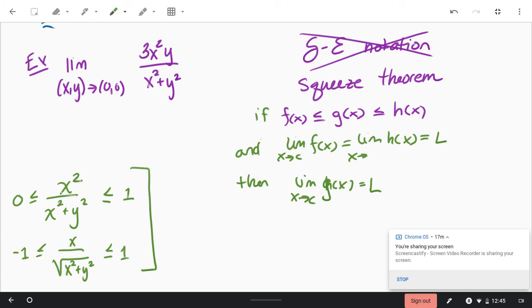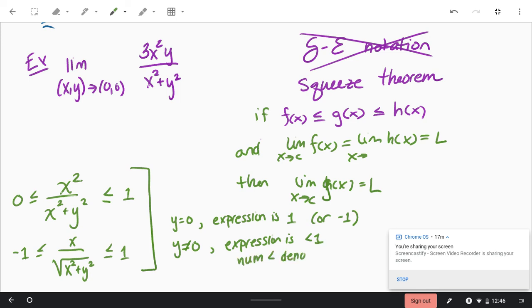In both of them, if y equals 0, then the expression is 1 or -1. If y is anything other than 0, the expression is less than 1, because the numerator will always be less than the denominator. So you can kind of convince yourself of that.